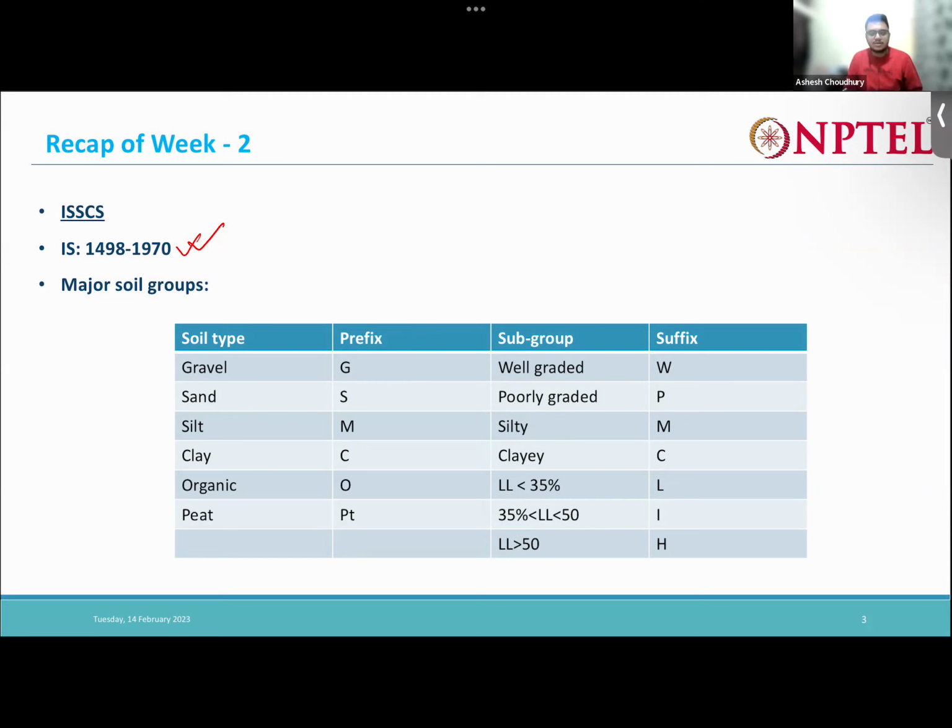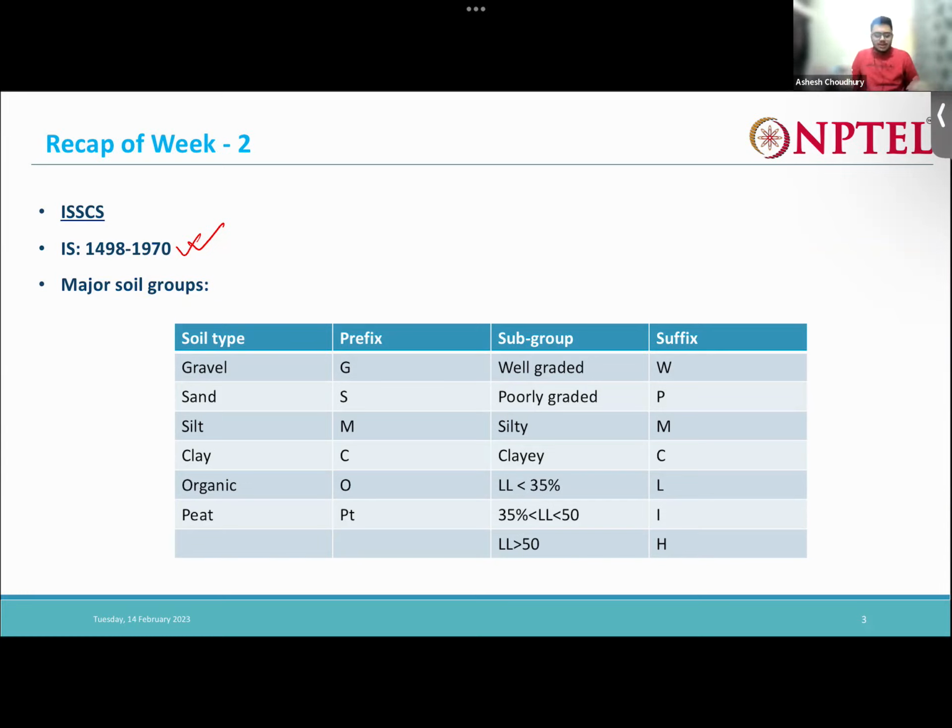Some index properties are necessary to classify soil. We learned in the previous week that index properties are needed to classify a soil, right? So as an engineer, our first task is to classify the soil, and in order to do that, we need to determine its index properties. Okay.